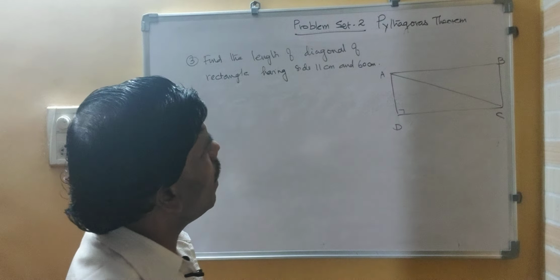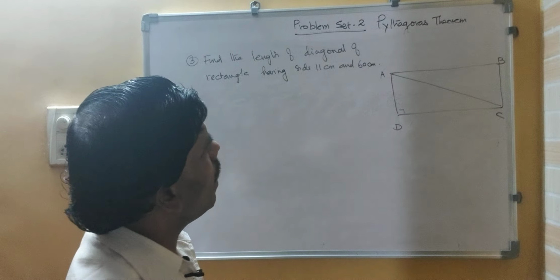Okay. Now in triangle ABC, one of the angle ABC equal to 90 degree. Therefore, which theorem you will use? As usual, Pythagoras theorem. Therefore, by Pythagoras theorem, AC square equal to AB square plus BC square.